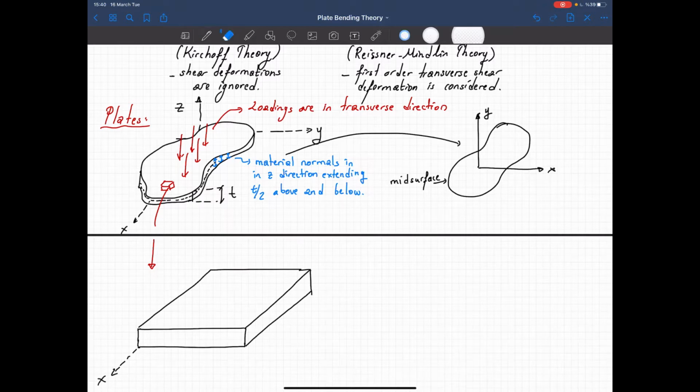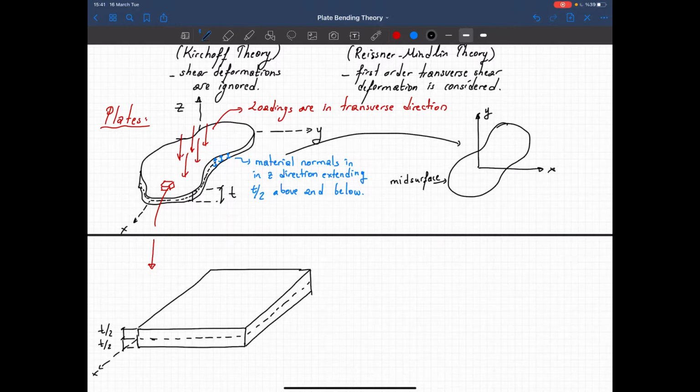Let me draw it from the mid plane. Oh, oops, sorry. That's the middle. This distance is T/2 and T/2.